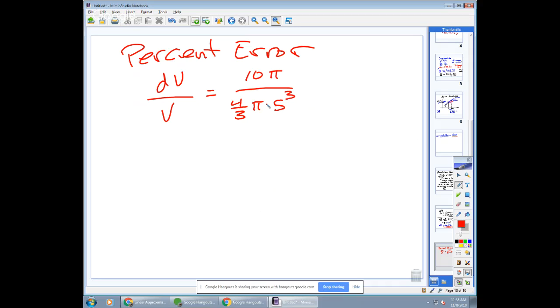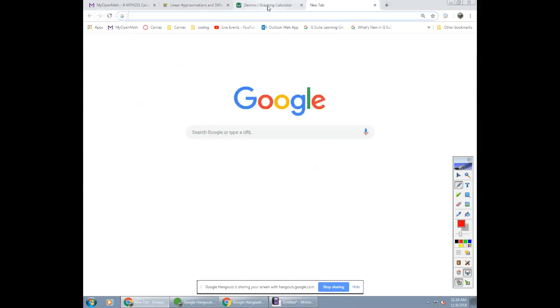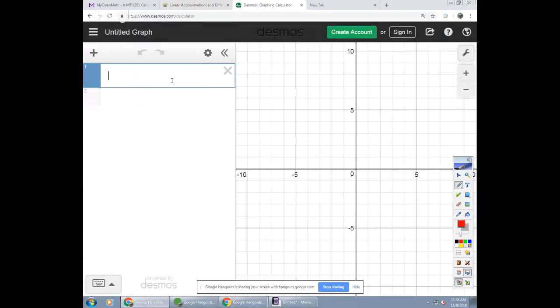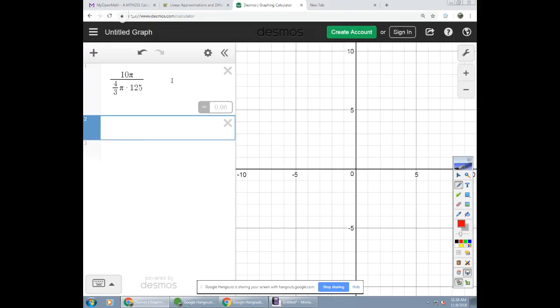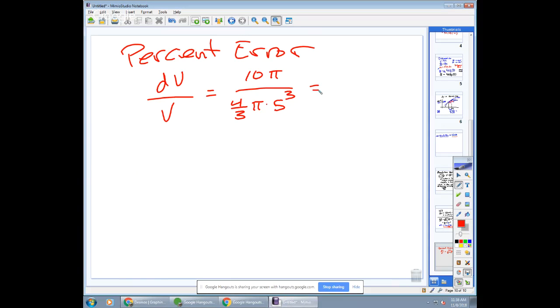And so what does that come out to be? There's Desmos. So I have my 10 pi divided by my 4/3 pi times 125. So I get 0.06, which would be 6% when we change that to a percentage.